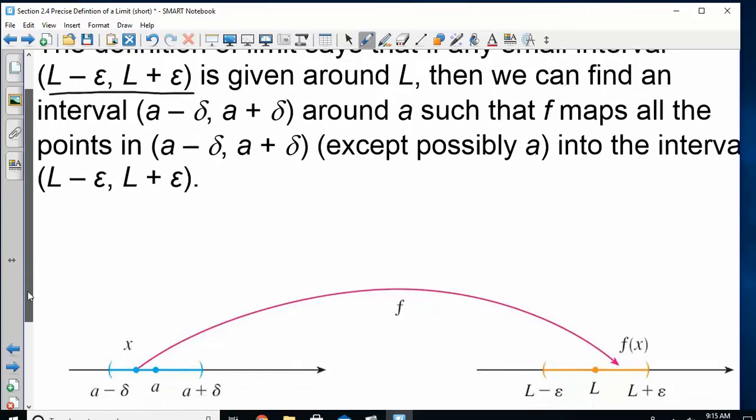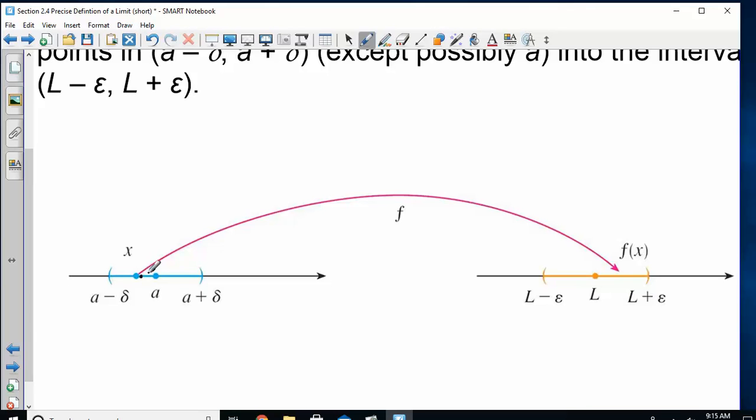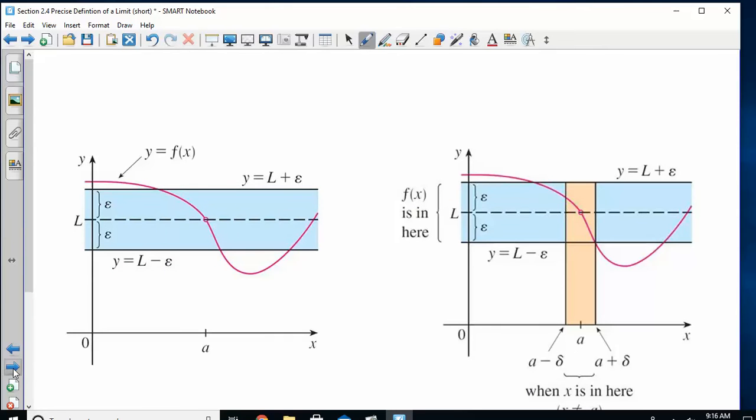So that if you pick any x value in this window, it will give you a corresponding y value in the window over there. Does that make sense? So we're trying to figure out how we can choose delta, that window for our x, to give us a value in our y window. Okay, I know it's hard, bear with me. We're going to get there. Doesn't make a lot of sense yet, but it will.